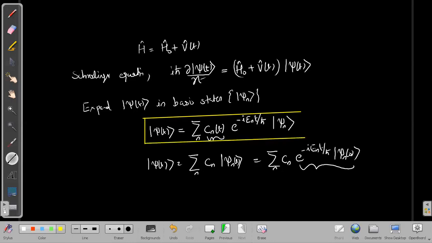If the total Hamiltonian is time independent, there is no need to attach a time dependence to this expansion coefficient. I have given a time dependence to c n only because the total Hamiltonian is a function of time.